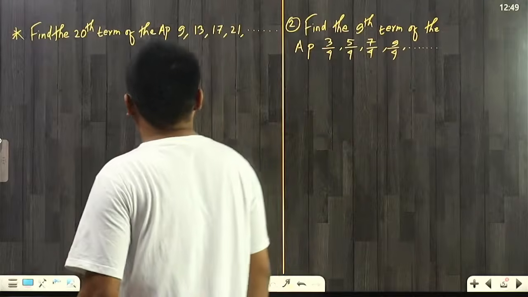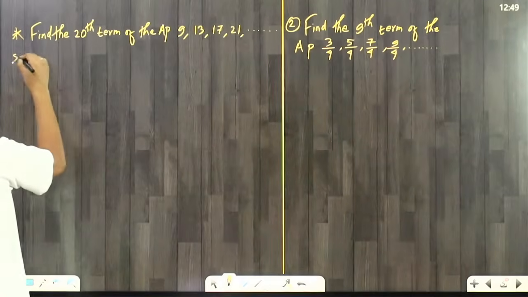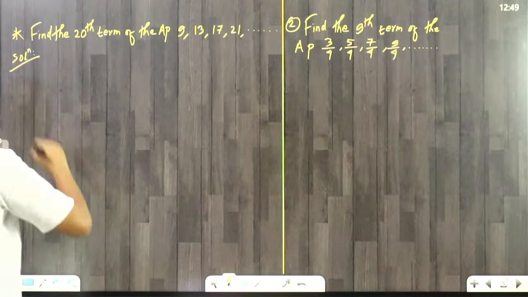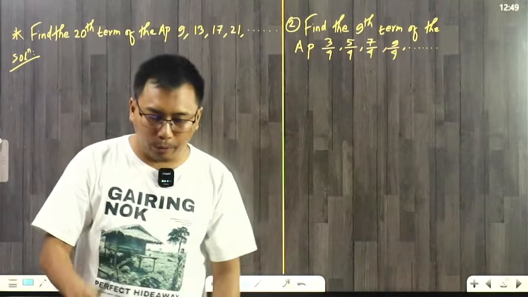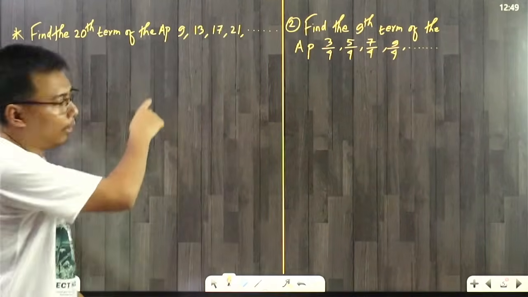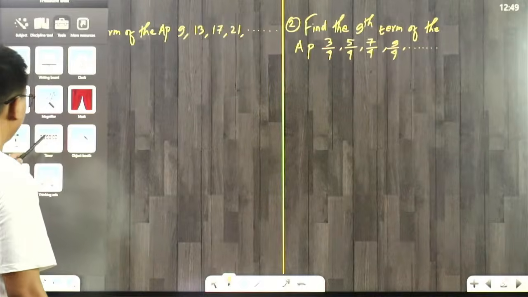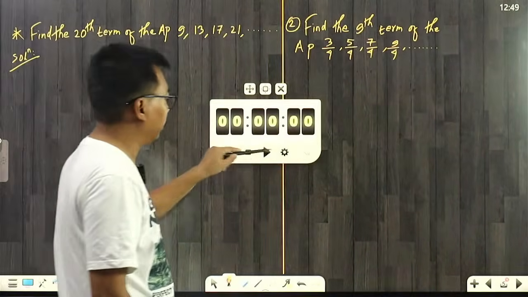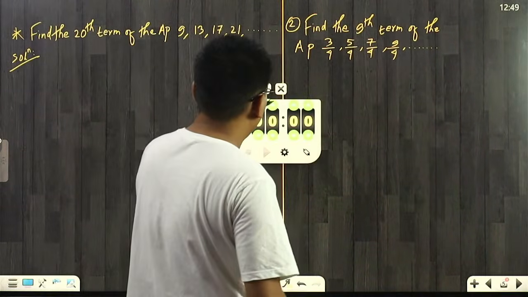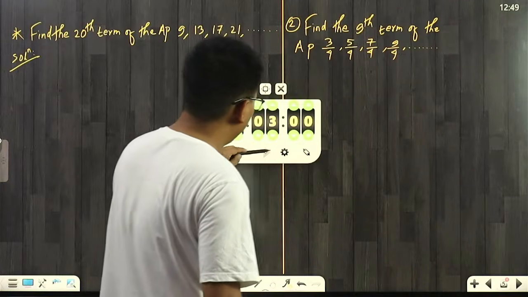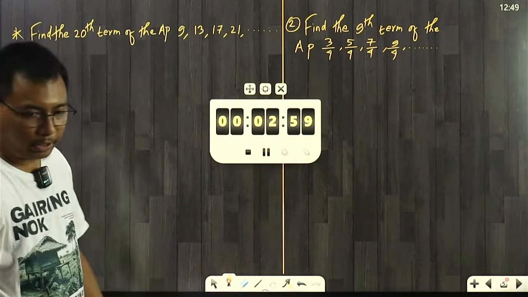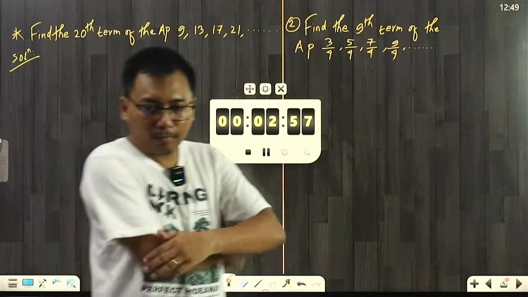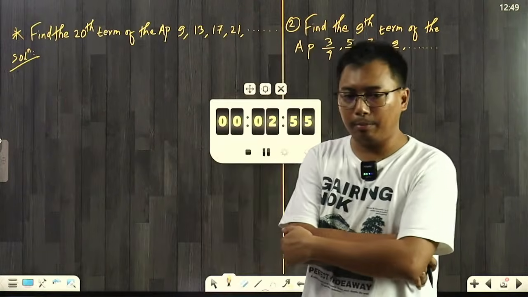Here is the first question. Find the 20th term of the AP. I'll give you 3 minutes to solve this question. Okay, your time starts now.